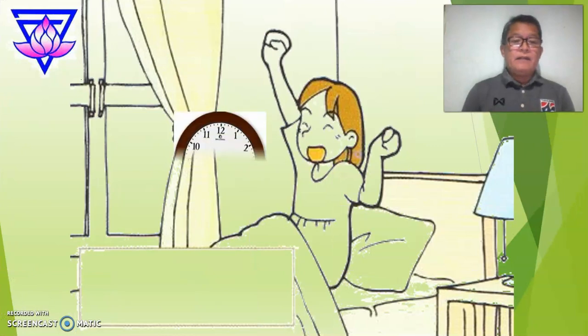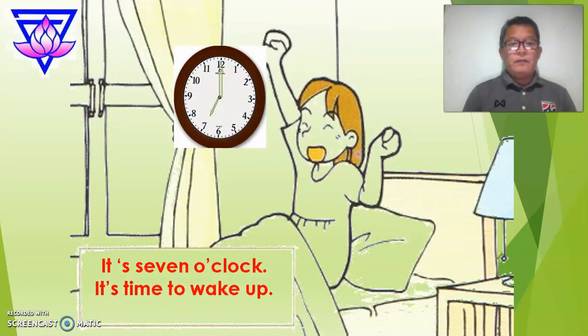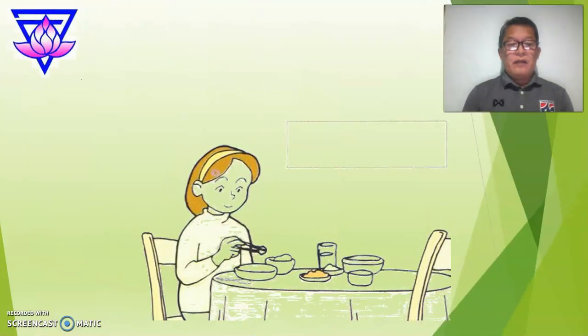The next one. Look right here. The short hand is on 7 and the long hand is on the 12. So the time is 7 o'clock. It's time to wake up. Okay, next.